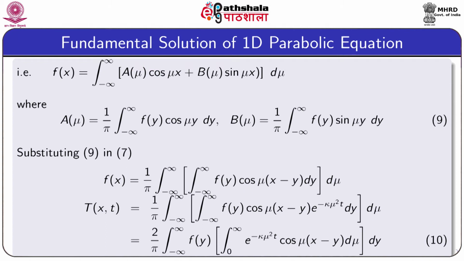Now, in this step we are interchanging the order of integration. So, it becomes 1 by pi integration minus infinity to plus infinity f(y) integration 0 to infinity e to the power minus kappa mu square t cos mu (x minus y) d mu dy. Now, we want to compute the integral written in this square bracket.